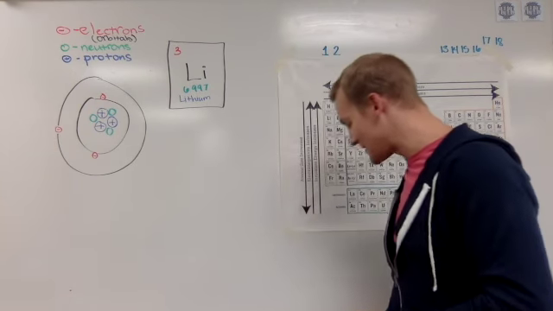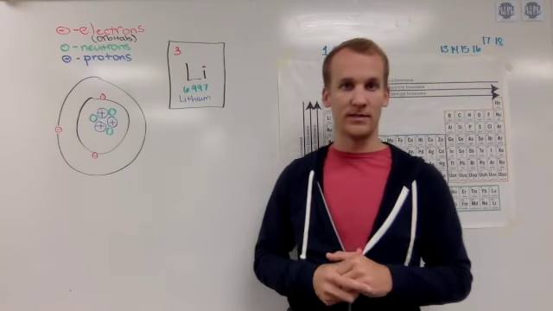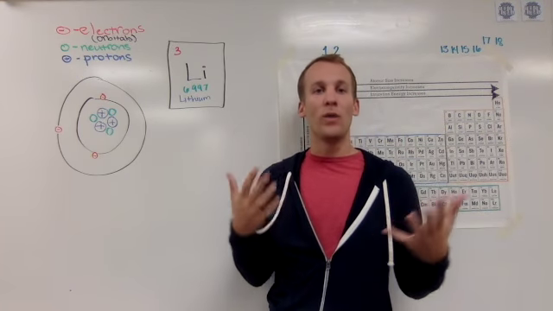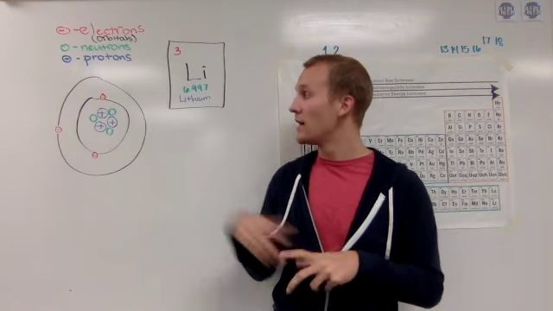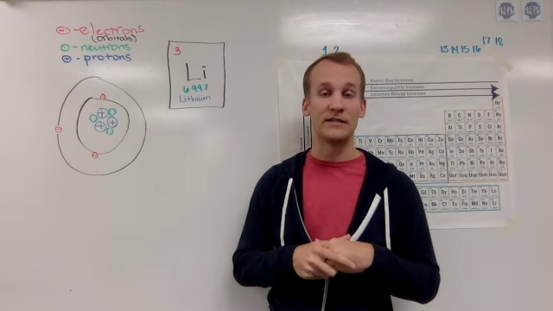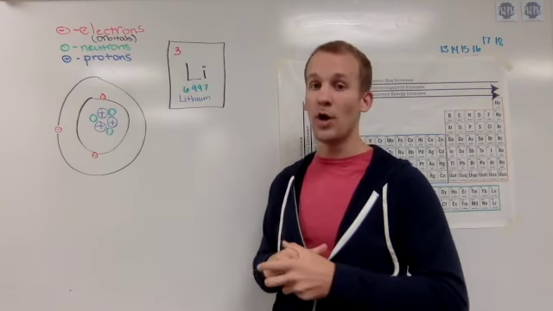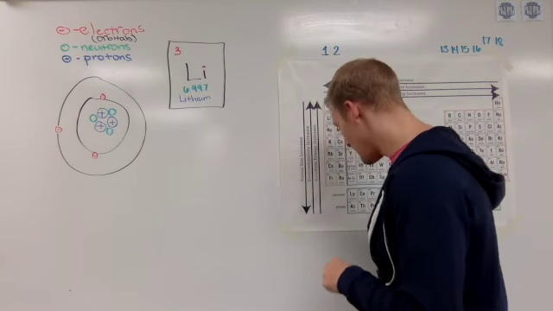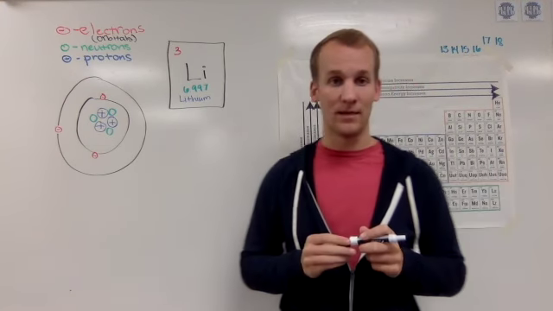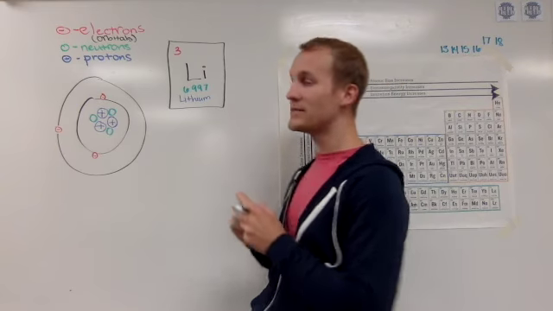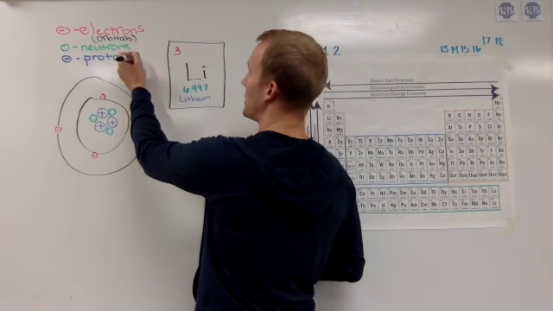When we look at one specific element, okay, there's a way that we can tell which element we're looking at based on the information that we're given either in a diagram or that we know about that atom, okay? The easy way to tell what element you are dealing with is based on the number of protons, okay?